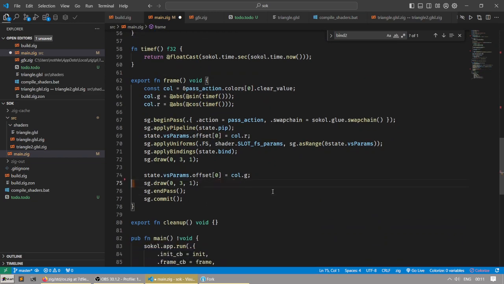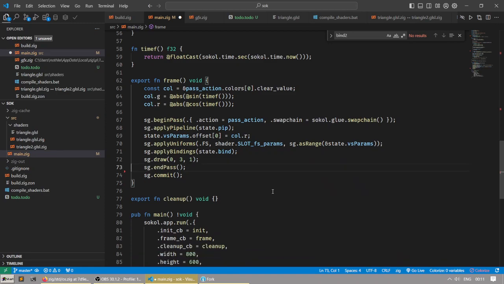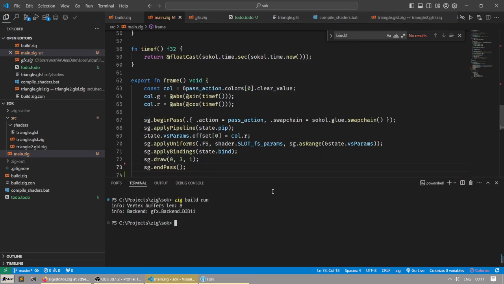I don't need to do it twice, and I don't need to draw twice. Okay, there it is. So we have just ending the pass, drawing, and that is it. And commit. Let's put commit as a separate thing.